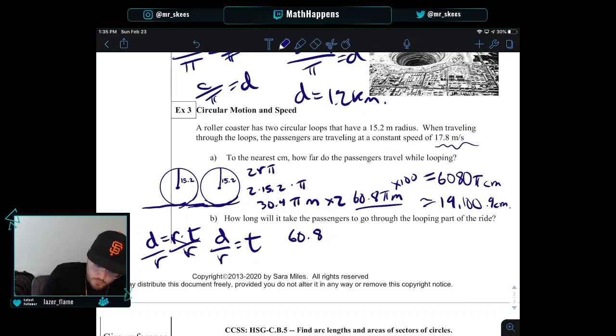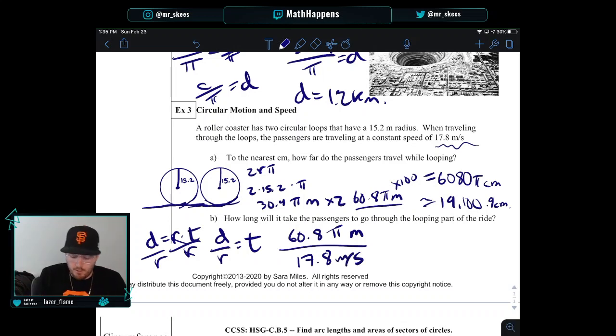Pi, 60.8 pi meters. And we're dividing that by 17.8 meters per second. The result gives us time. So how long did it take? 60.8 times pi divided by 17.8.